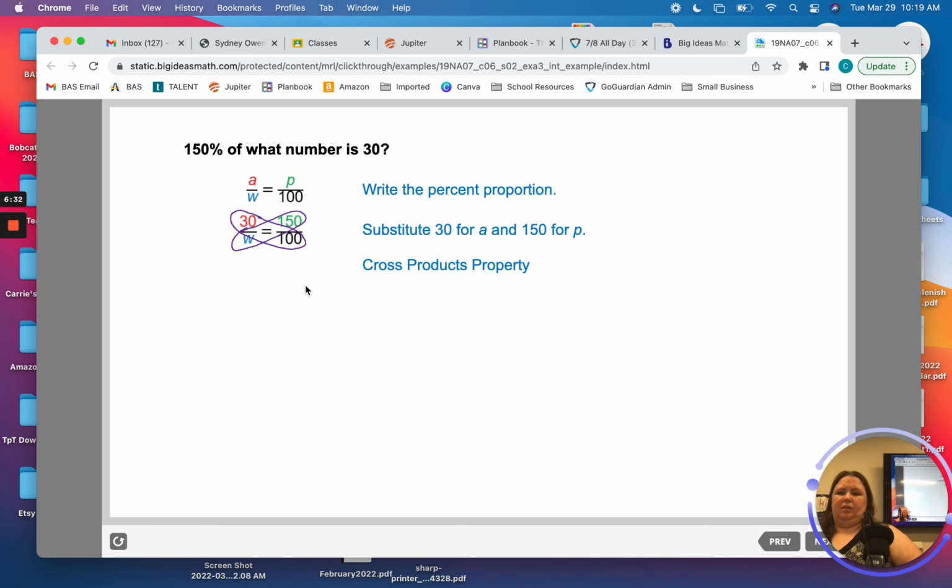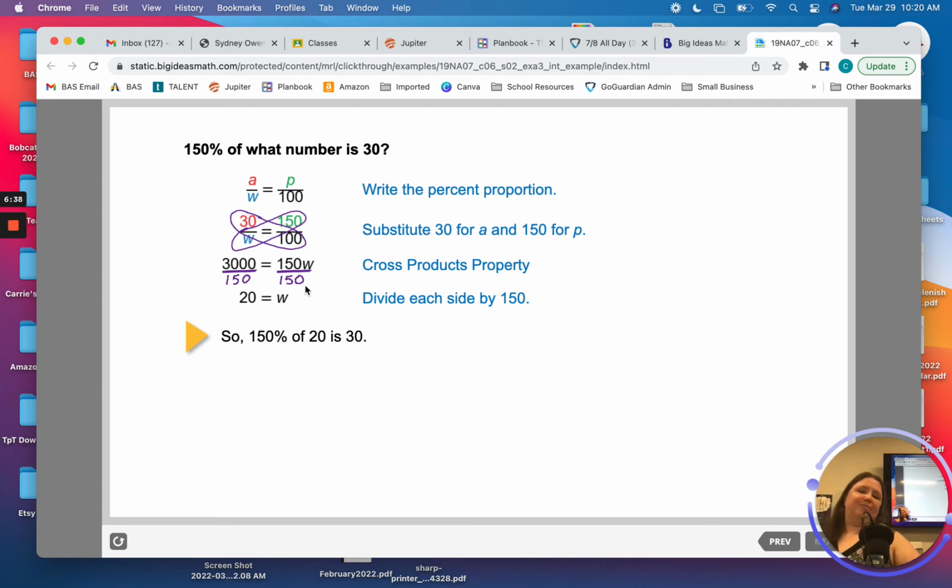It's 20. 30 times 100 is 3,000, not 300. 3,000 divided by 150 gives you 20. So 150% of 20 would be 30.